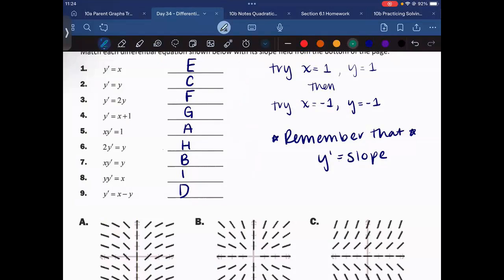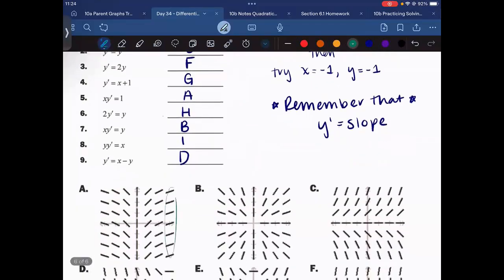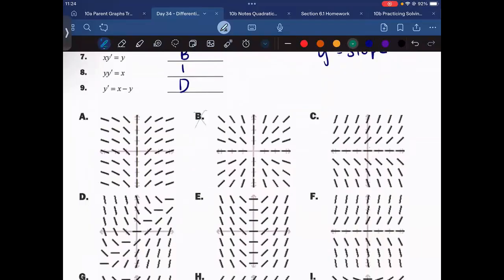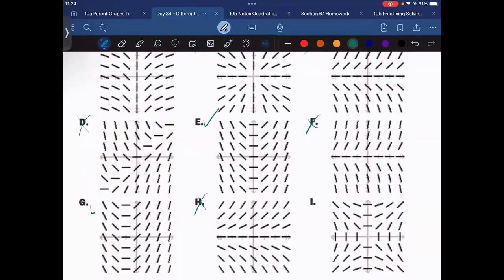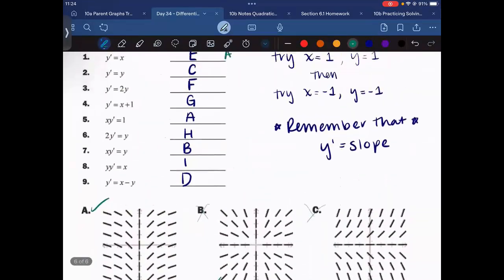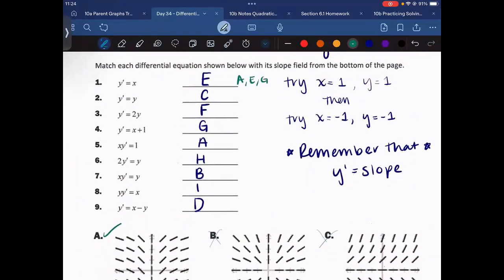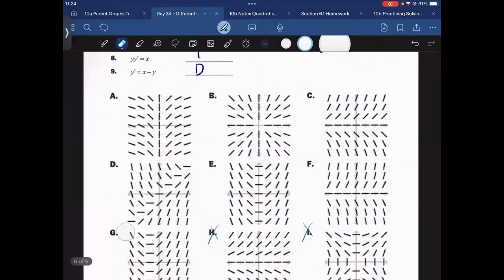It could be A, these look pretty much the same. B is a no, C is a no, D is a no, E, well, we know E's the answer, but I'm just giving you options. This one's a no, no, yes, no. So now we have A, E, and G. They do satisfy, but there might be other ones that are more satisfactory.